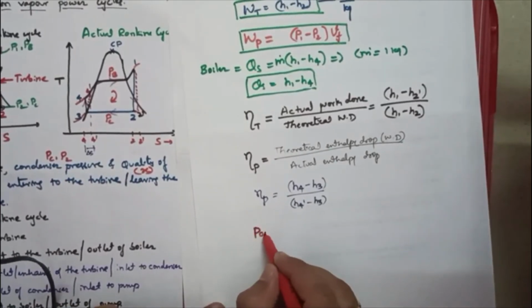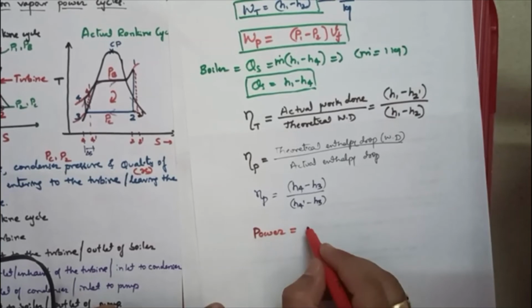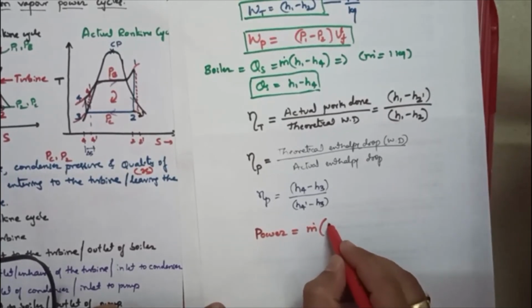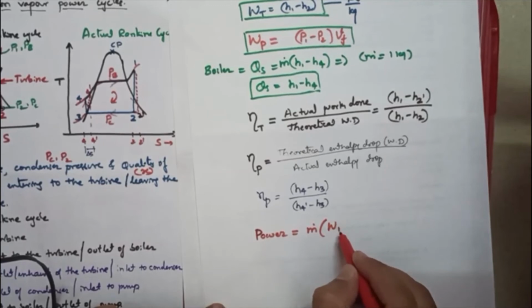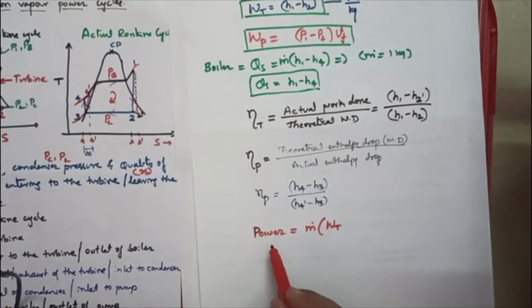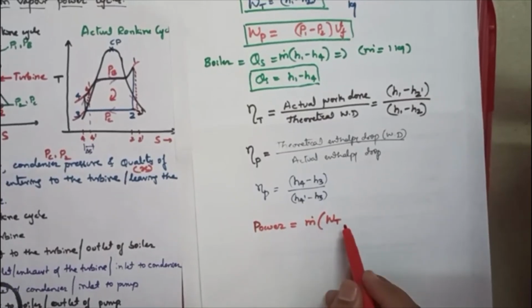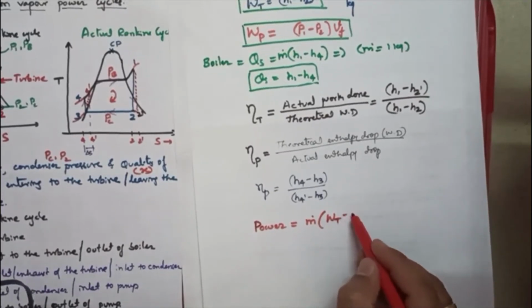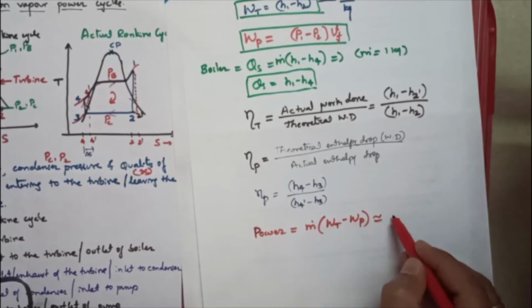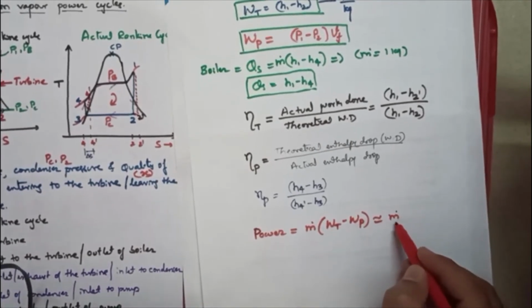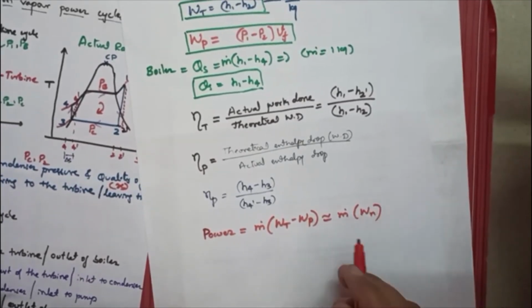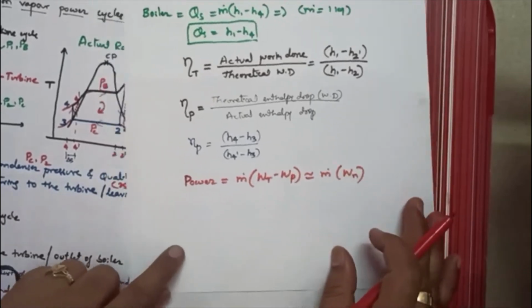So power is equal to mass flow rate multiplied by net work done, that is m dot multiplied by WT minus WP, where m dot is the mass flow rate of steam.